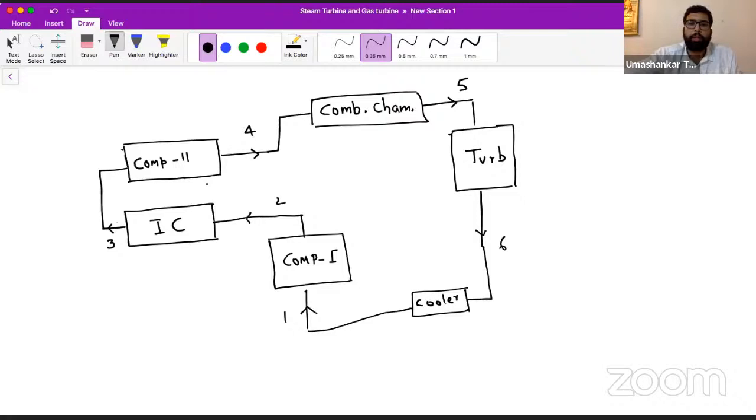And those who are watching the recorded video, if you draw your PV and TS diagram before I do, the things will be even more clear to you. So just try and do it.